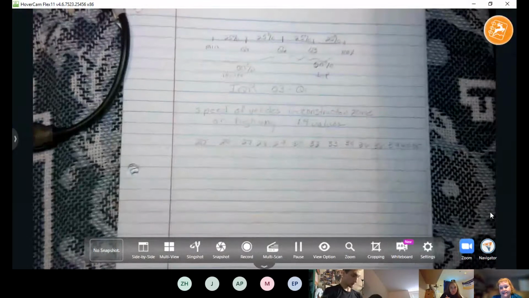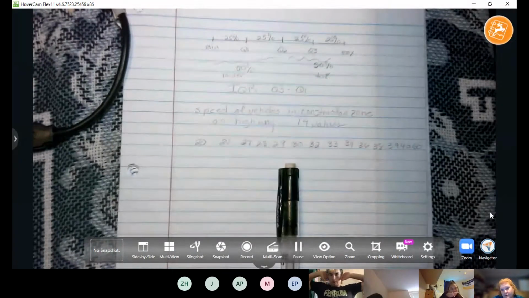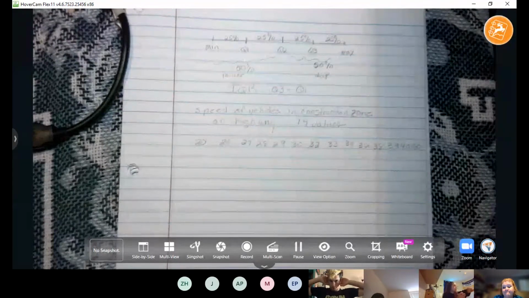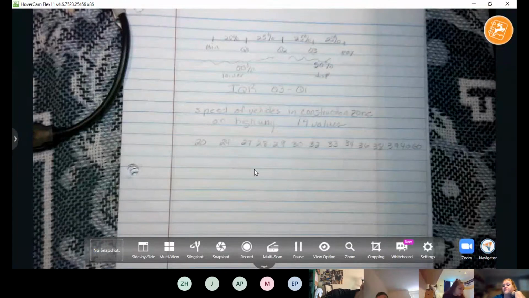If we were going to find the second quartile or the median, that would be the middle value. Is there a middle number when you look at that? Is there a middle number when you have 14 numbers?